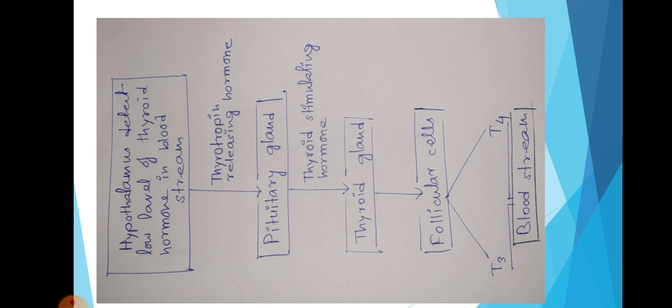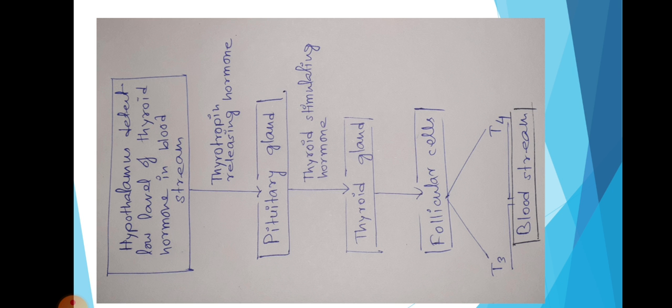So what is the function of this T3? T3 helps in maintaining body metabolic rate. So cells can produce more protein and burn more energy in the form of carbohydrate, and it also maintains proper brain development, muscle control, and it increases the cardiac output.